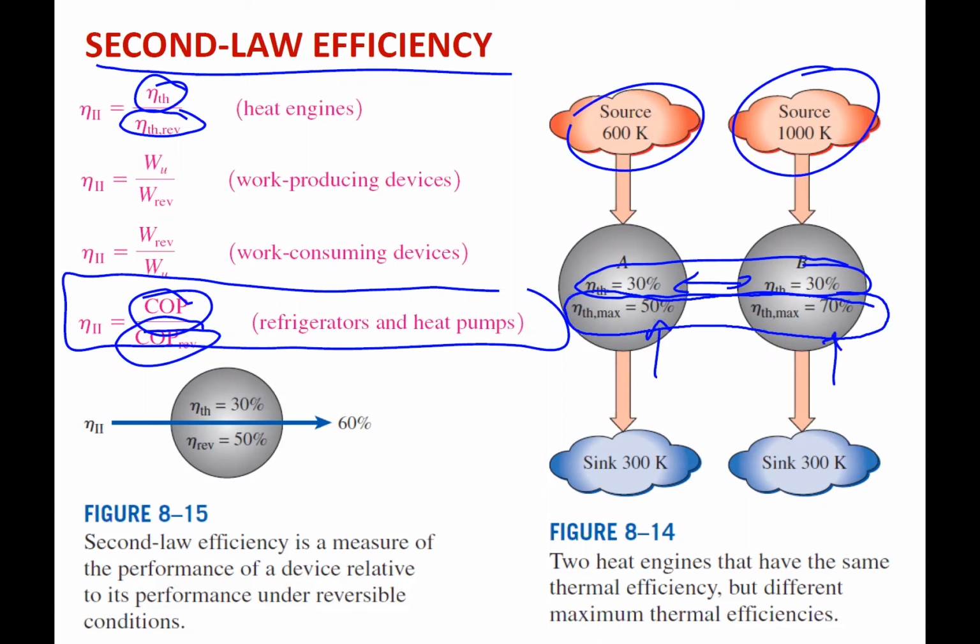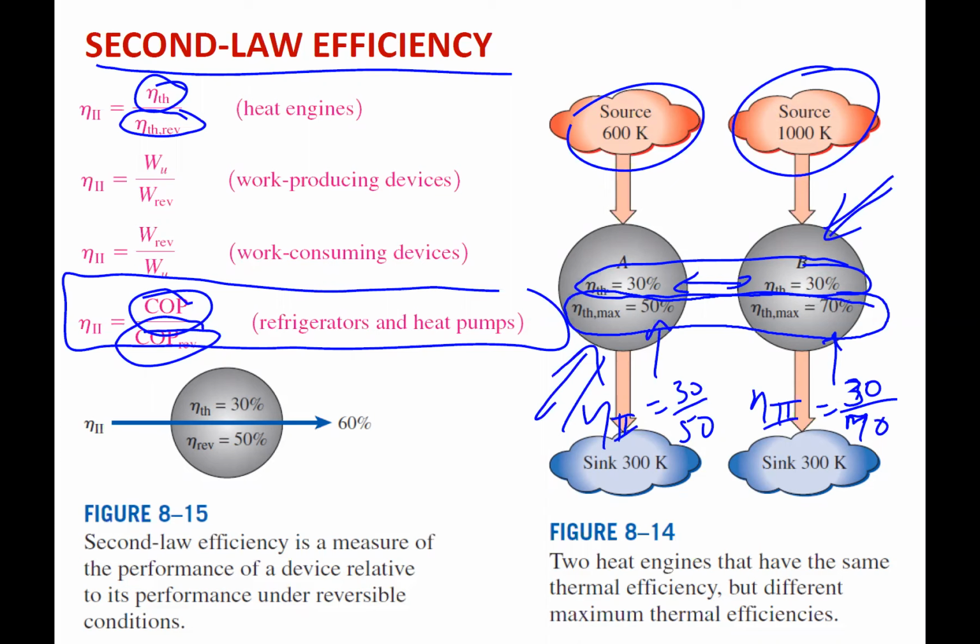So if we do the second law thermal efficiency over here, we're going to get 30 divided by 70. And this one is 30 divided by 50. So if we're looking at how good we're getting to that second law efficiency, we see that this heat engine is doing a better job of getting work out of that system than this one.